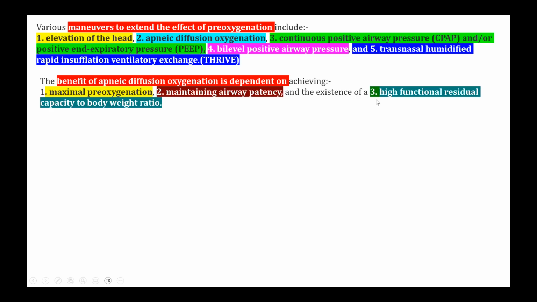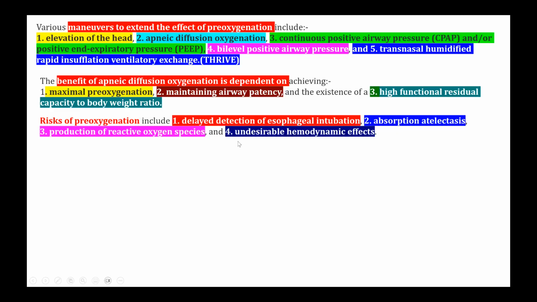If the patient has a high functional residual capacity to weight ratio, that will also improve the oxygenation. And the risks of pre-oxygenation: you have given 100% oxygen for quite some time, and then even if you have passed the tube into the esophagus instead of the trachea, it will take a longer time to detect because the patient will not desaturate immediately.